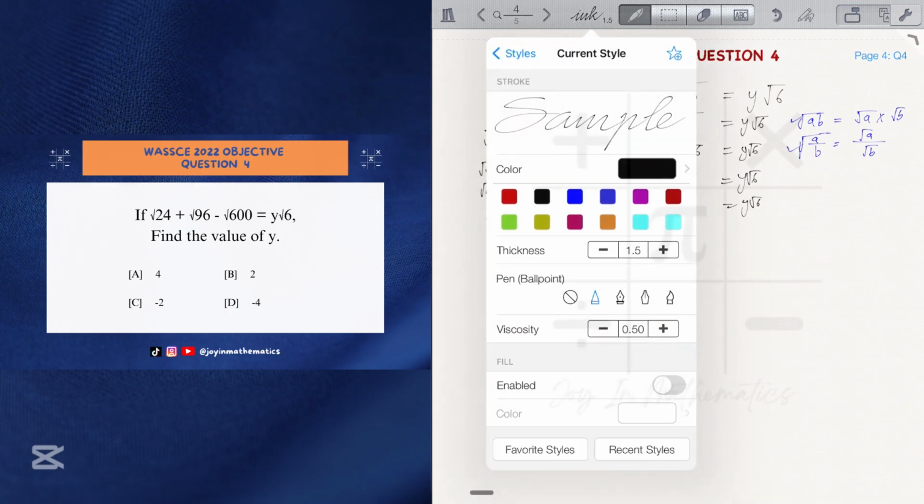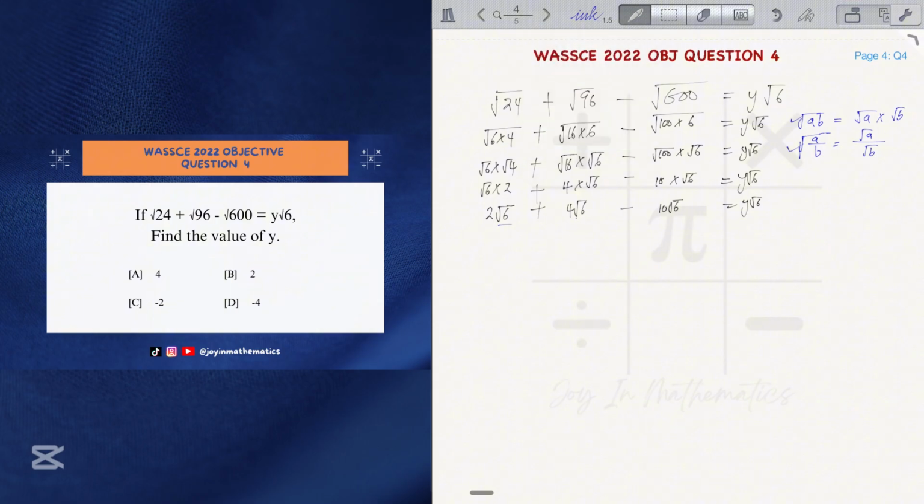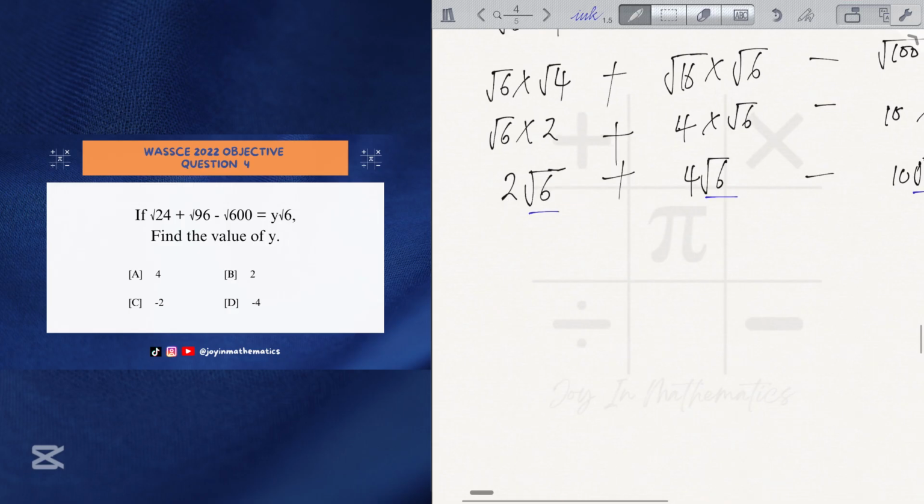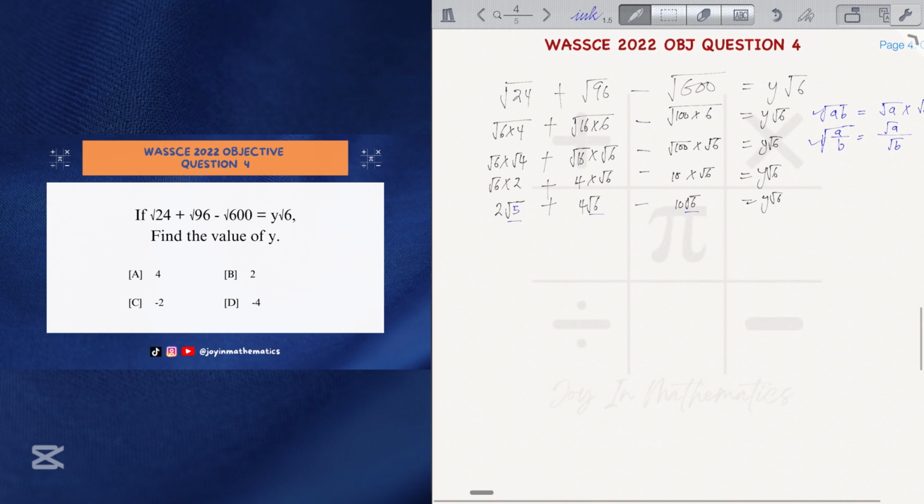If you look, this is root 6, this is root 6, and this is root 6. If we assume, for instance, that this is root 5, definitely we cannot add them together, because root 5 cannot be added to root 6, just the same way that 5x cannot be added to 2y. But if this was 2x, this will result in 7x. So this is the same principle we want to apply now.